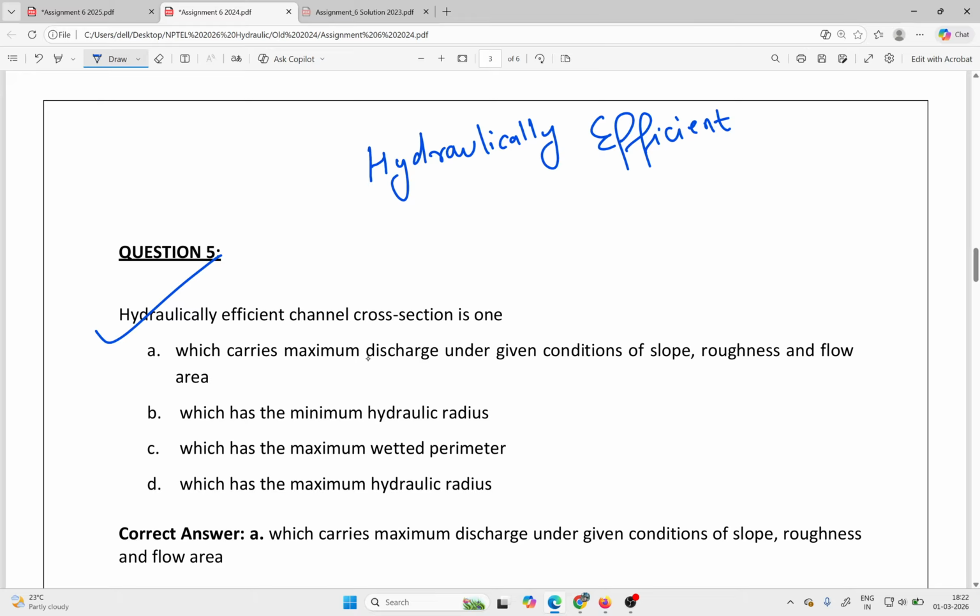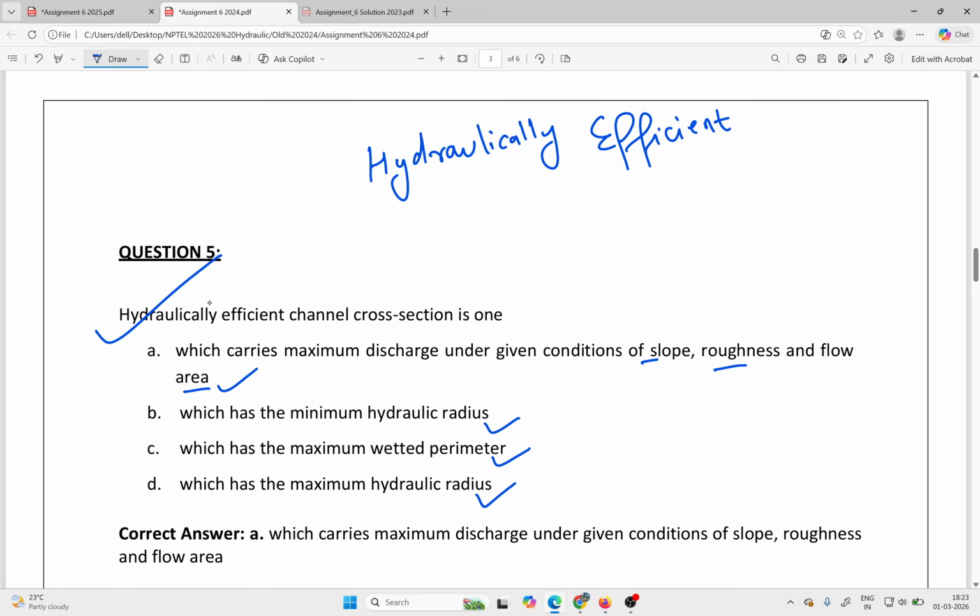Which carries maximum discharge under given condition of slope, roughness, flow area. Which has maximum hydraulic radius, which has maximum wetted perimeter, which has maximum hydraulic radius. So these are the 4 options you have.